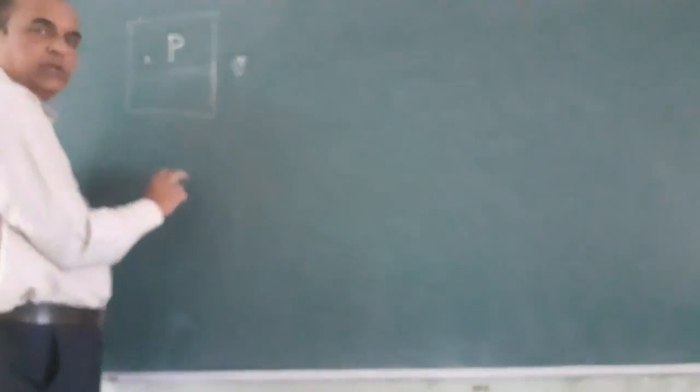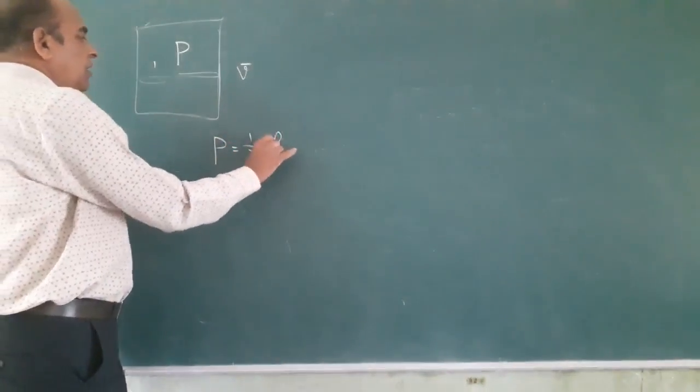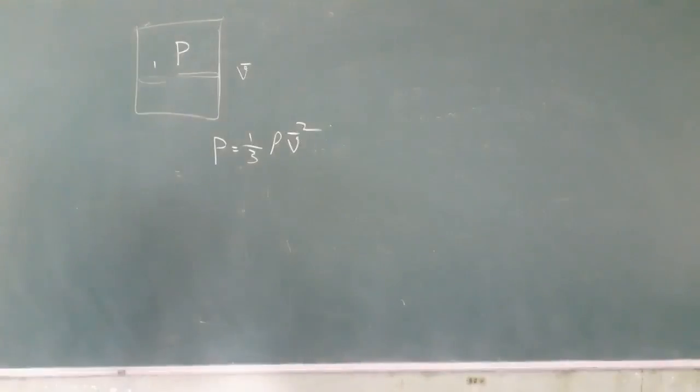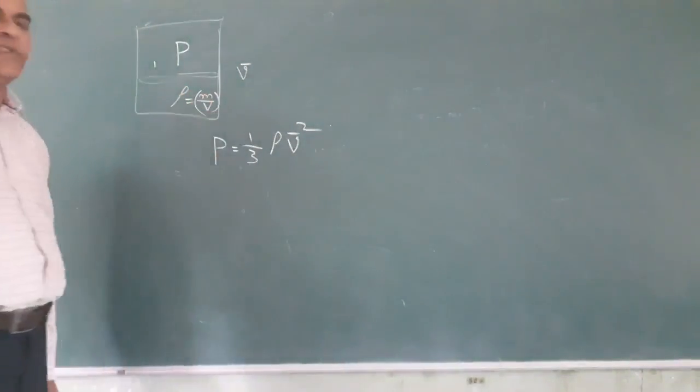Then the pressure of the gas P is equal to 1 by 3 rho V bar square. Rho means the density of the gas, mass by volume.